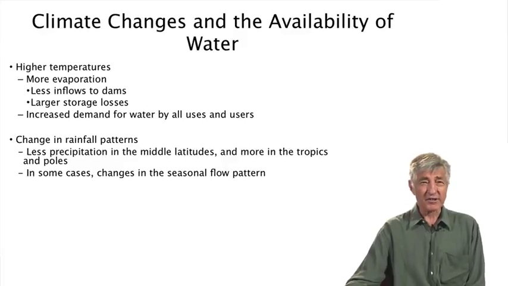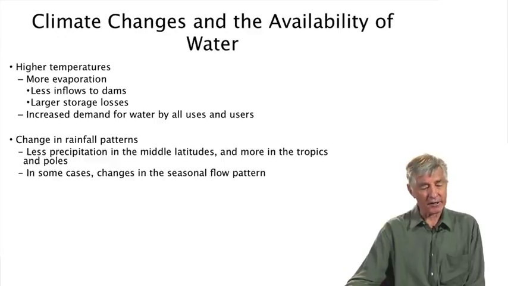Also, it's likely that the seasonal pattern of flows is going to change. And so the story, for example, if we were getting much of our water in the winter period, not much evaporation, most of that would run into dams. But if some of that rainfall actually shifted to the summer period and fell in hotter periods, less of that rainfall would actually end up in dams.